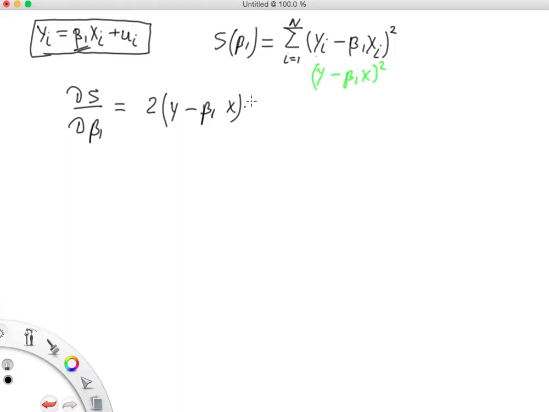So you multiply by minus x. Now we'll put back all these summation operators, i equal to 1 to n, because there are different observations, n of them, so i runs from 1 to n.